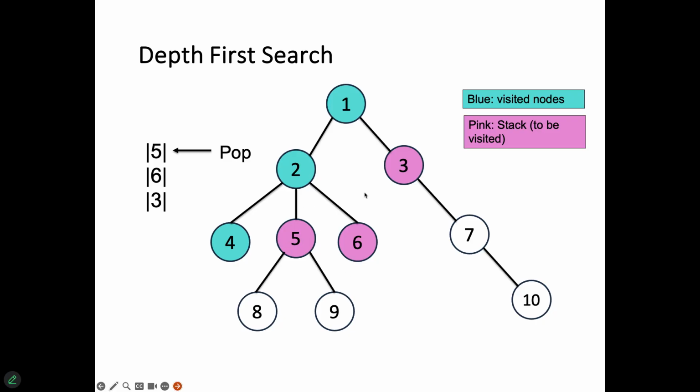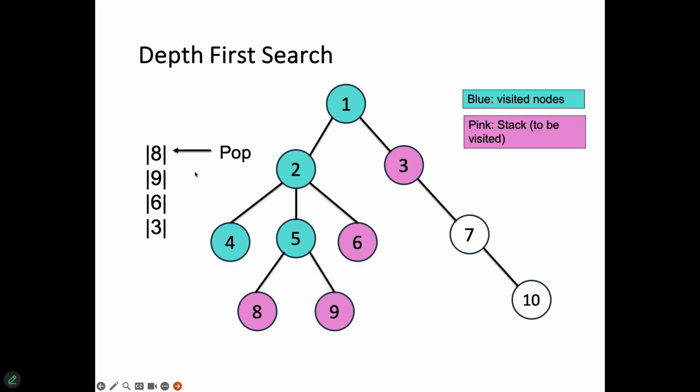Now we have 5, 6, 3. Which one is next? Yeah, we visit 5, because we added 5 after 6, right? And this is last in, first out. So 5 is going to be popped out next.